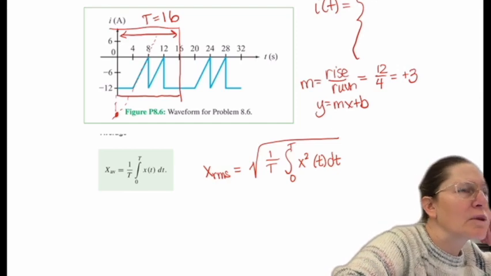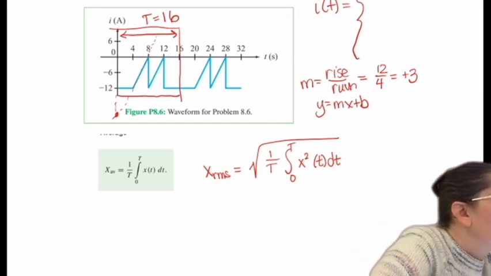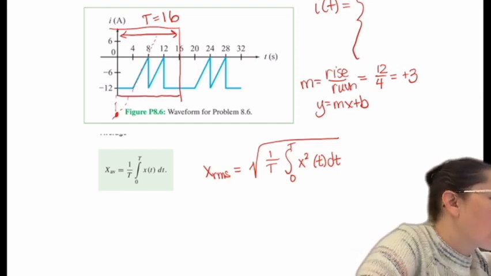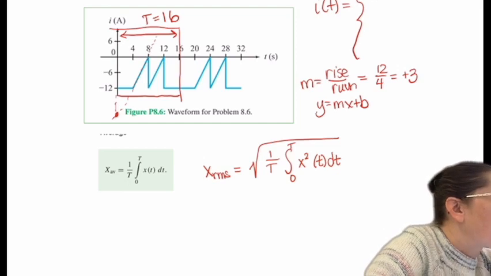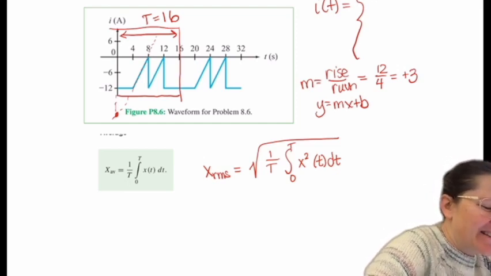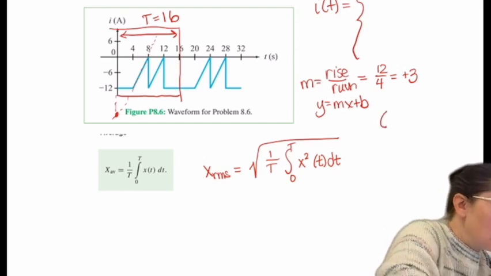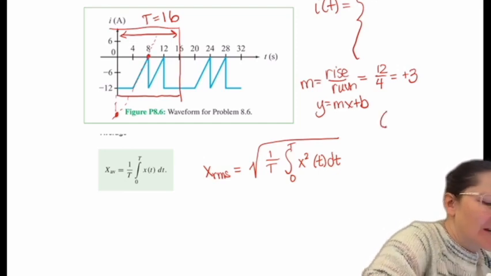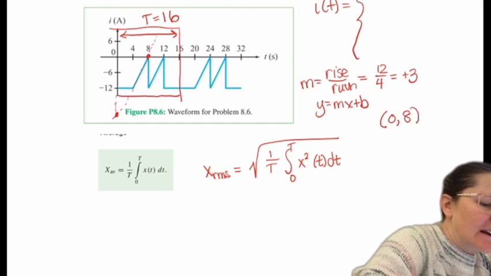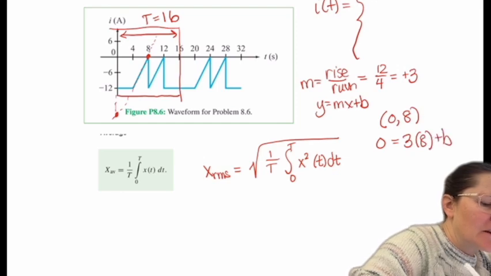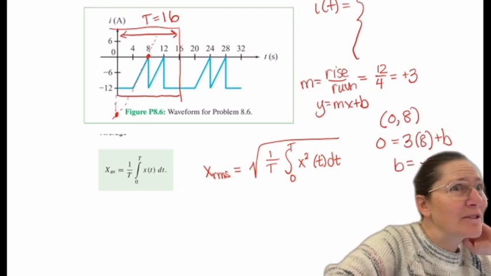Negative 24. How do you find that negative 24? Well, you make your line. So you know this point, right? 8 and 0, so 0 equals 3 times 8 plus b. So that's how you mathematically find that it's negative 24, if you don't see it.